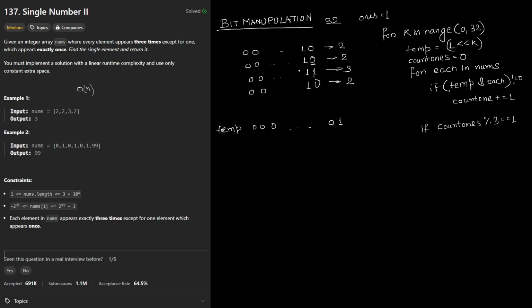There would be one element which is not divisible by 3. In that case, my result, which initially is 0 in all 32 bits, would be result OR temp. So 0 or 1.